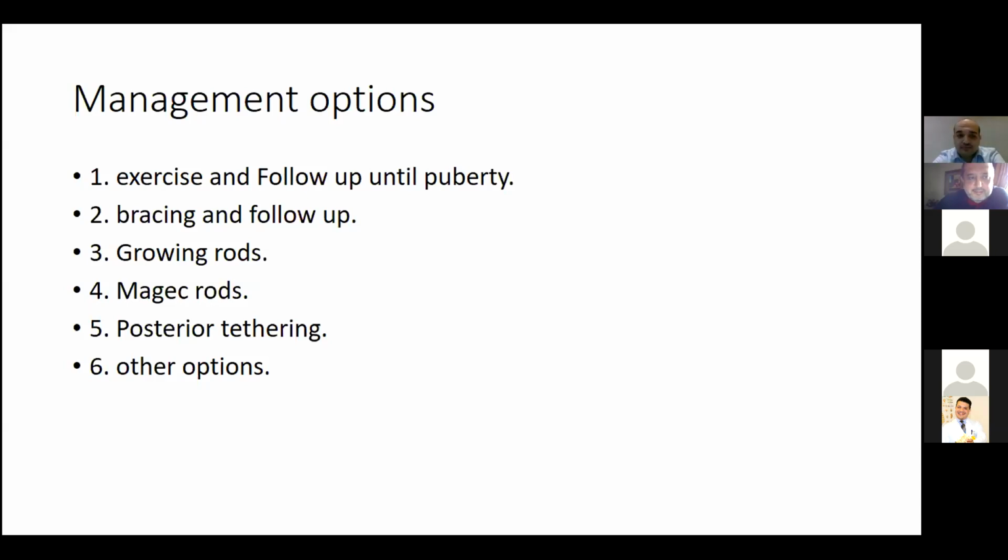I will reserve growing or magic rods for congenital scoliosis with severe degrees of deformity. The problem with the magic and growing rod is that they don't control the rotation, and with distraction we usually have hypokyphosis with the curve. Still, they are valid till now.